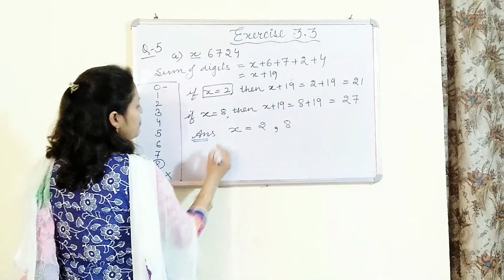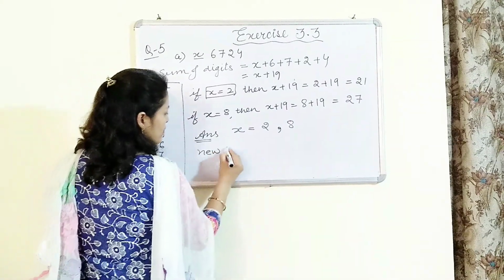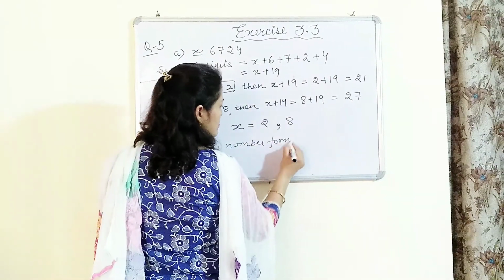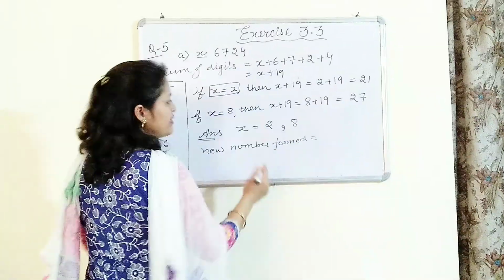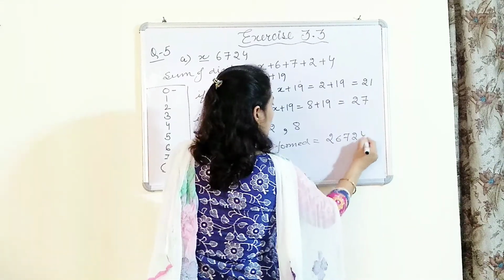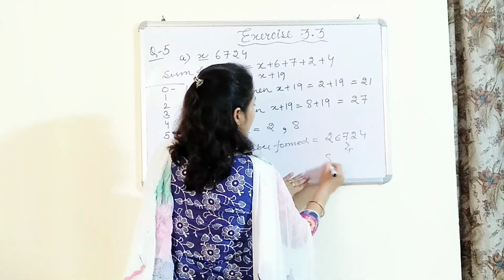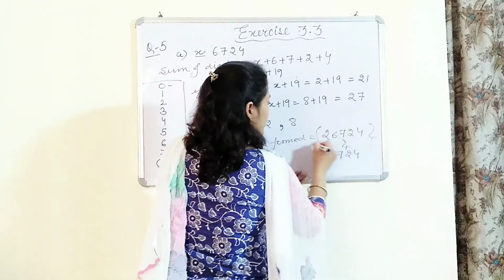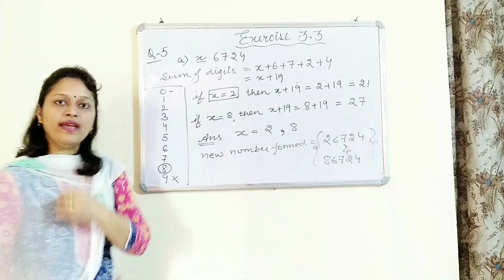You can see the new number formed after writing these digits in the blank: 2, 6, 7, 2, 4 and 8, 6, 7, 2, 4. These are the numbers which are divisible by 3.